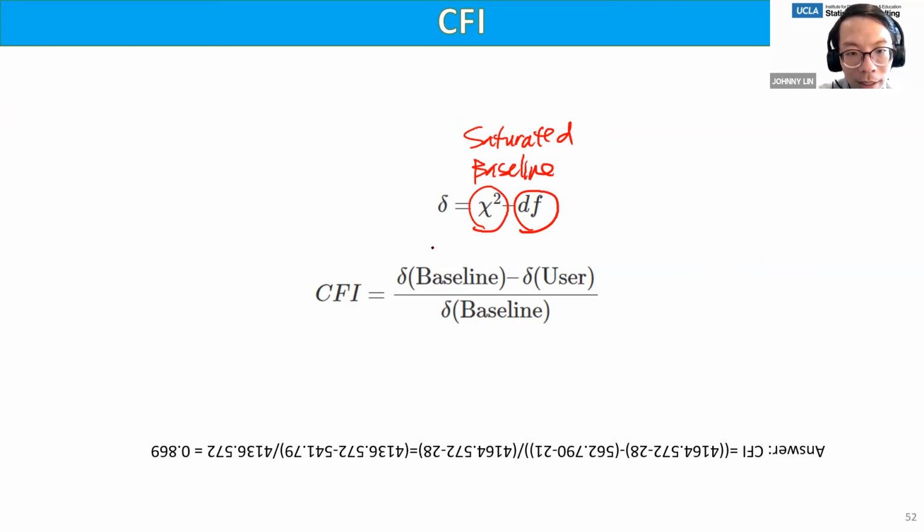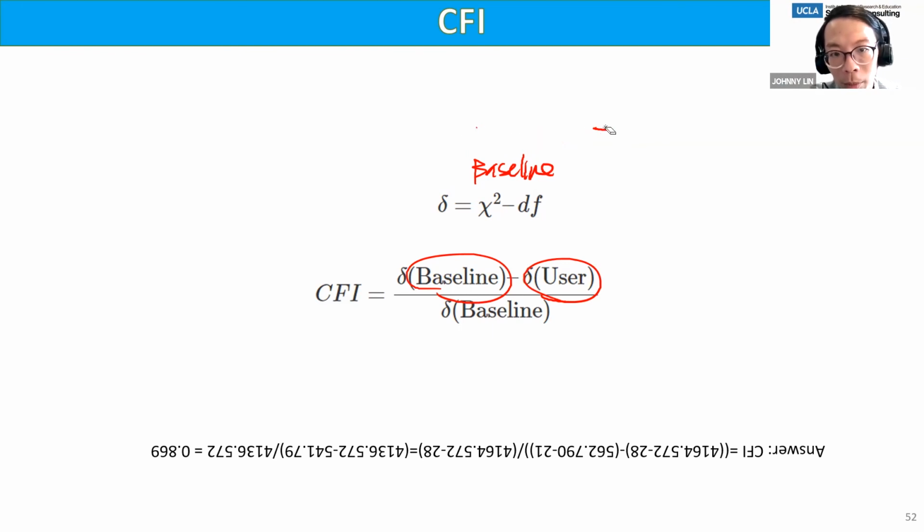Actually, I don't think you need the saturated. I'm just showing you so you can fit the saturated yourself. To calculate this one, you need the baseline and your user model. I was just showing you the saturated because it's useful to learn what a saturated model looks like, but you don't actually need that.